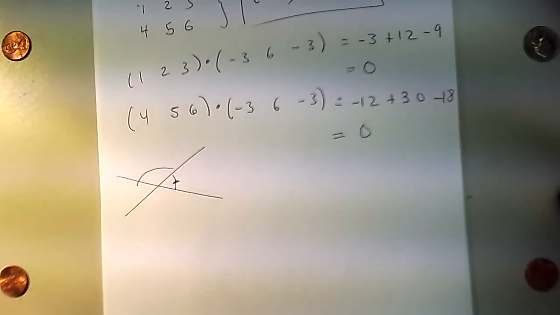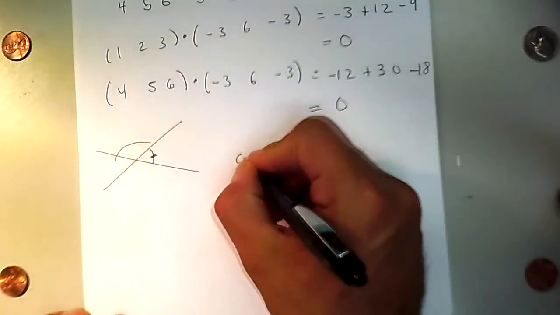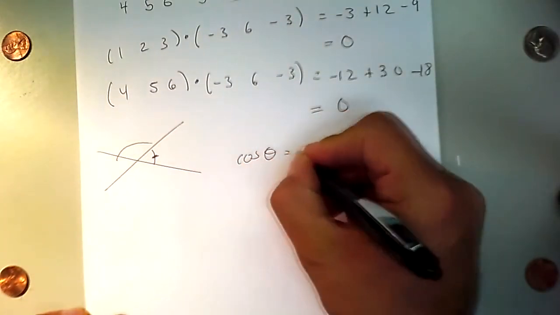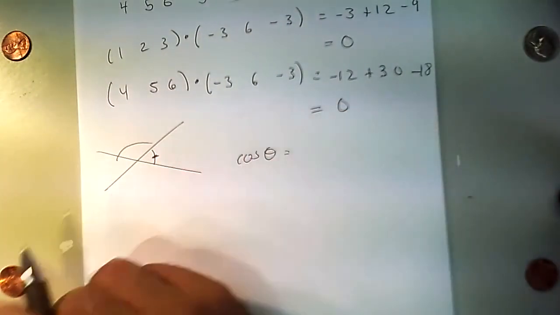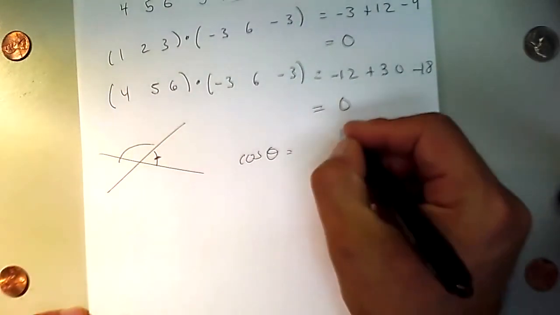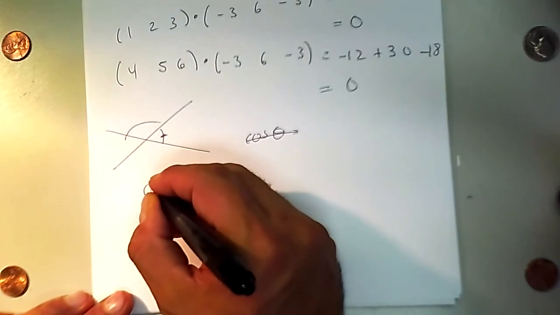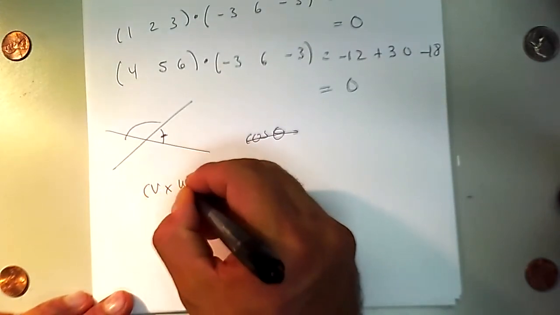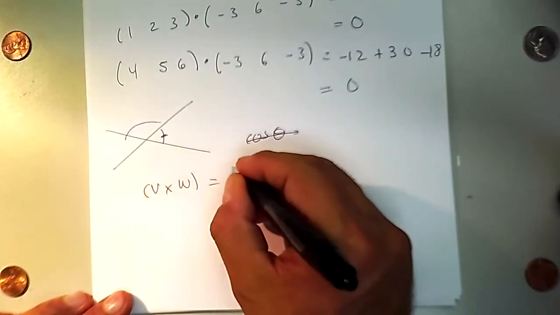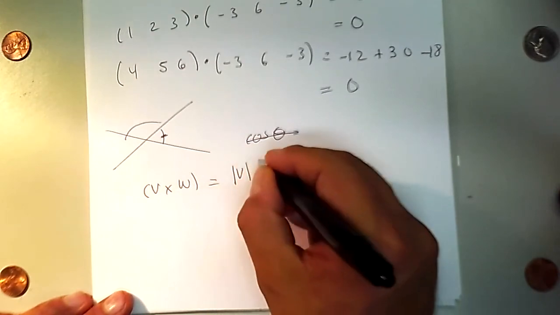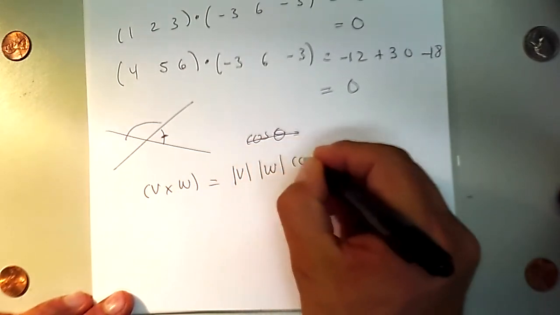So something about the cross product is that, let me write it differently, the magnitude of the cross product of V and W is equal to the magnitude of V, magnitude of W, times the sine of theta.